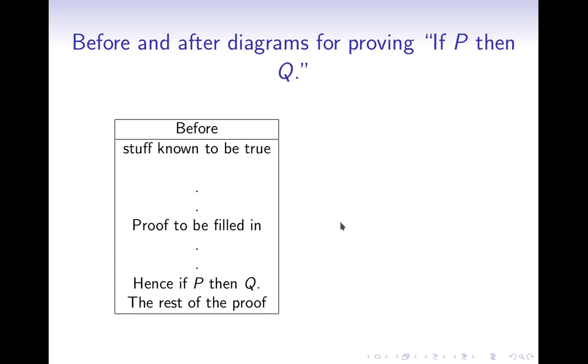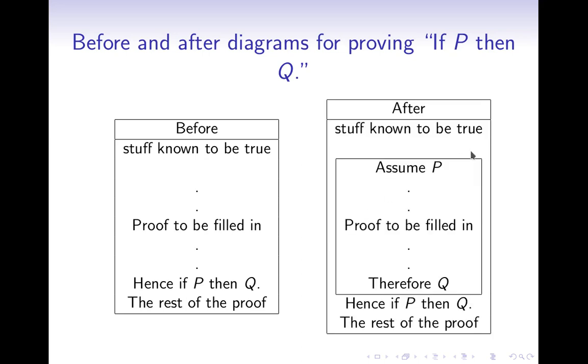One way to fill in is to use this proof principle, and after you use it, here's what the situation would be. You have assumed P. There will still be some proof to be filled in. It should be a proof of Q, and once that's completed, you will have your proof of if P then Q.